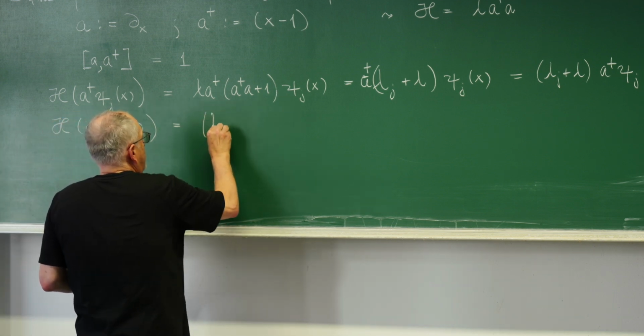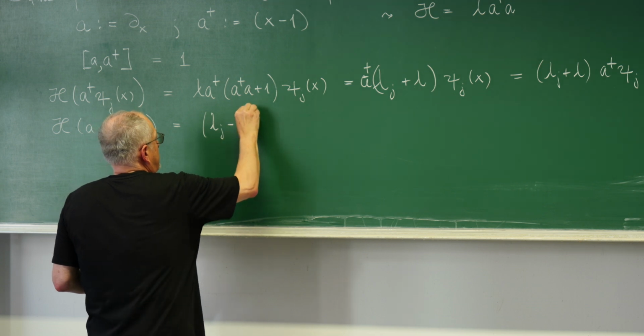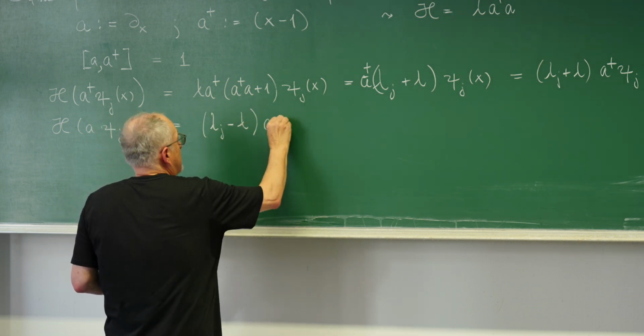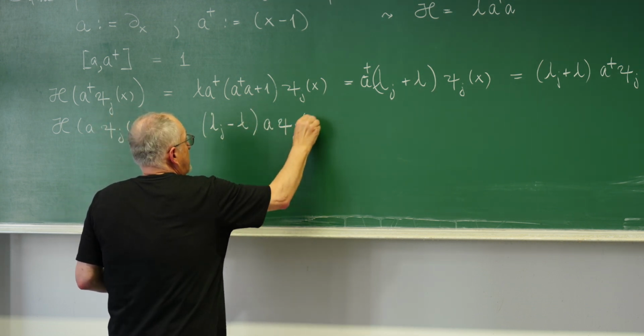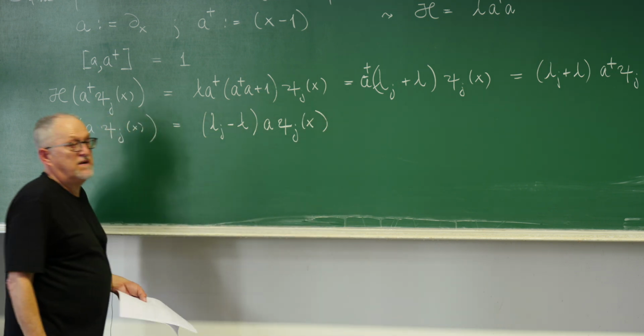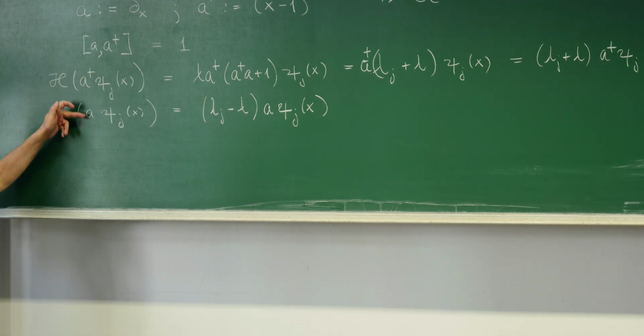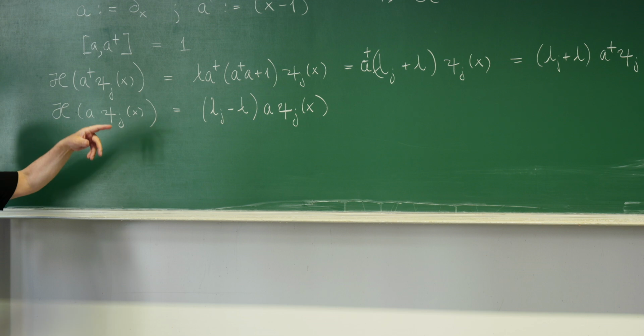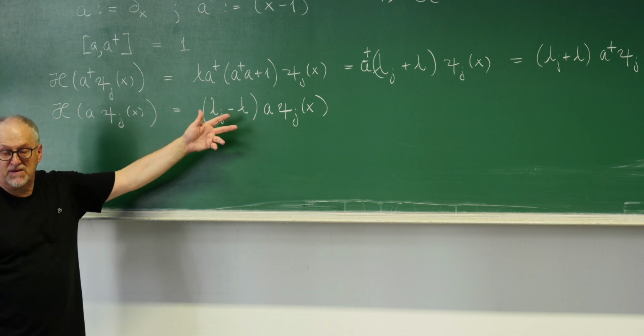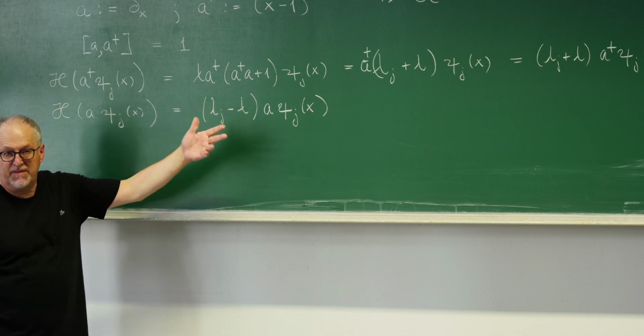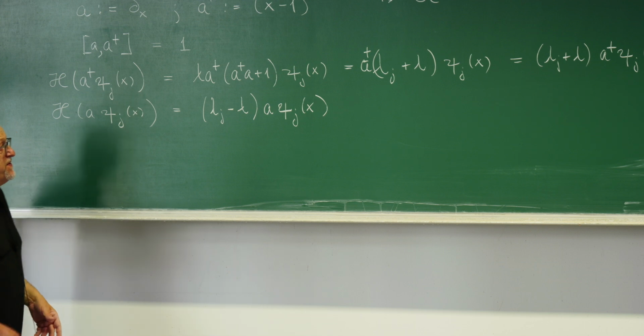But in the end, what you get is that this is also an eigenfunction, but now the eigenvalue is shifted down. So a dagger and a are operators that raise and lower the eigenvalues by the amount of lambda. Lambda, remember, is the rate of death.